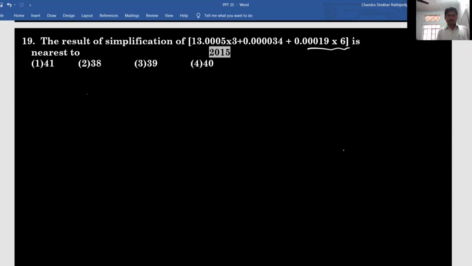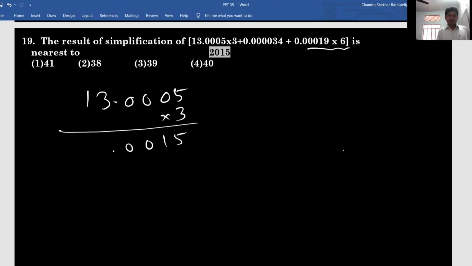This also multiply. 13,000,000, 5 into 3. 3 5s are 15, 3 3s are 9, 3 1s are 3. We completed this.